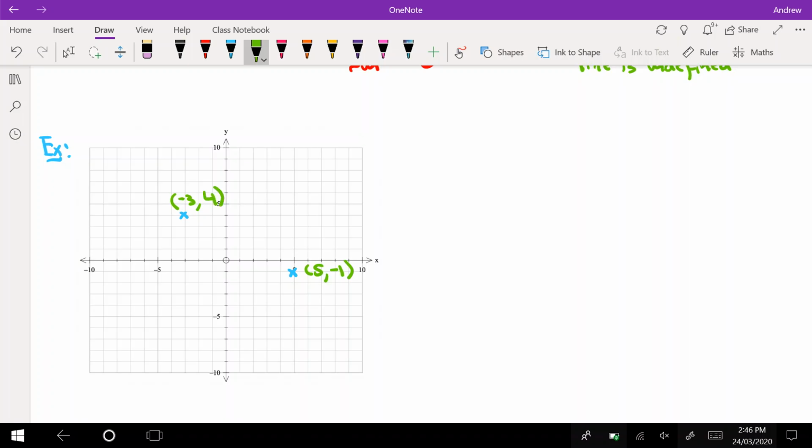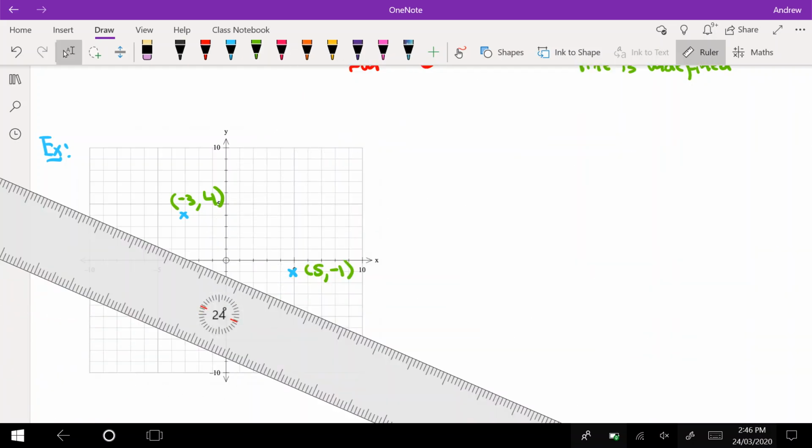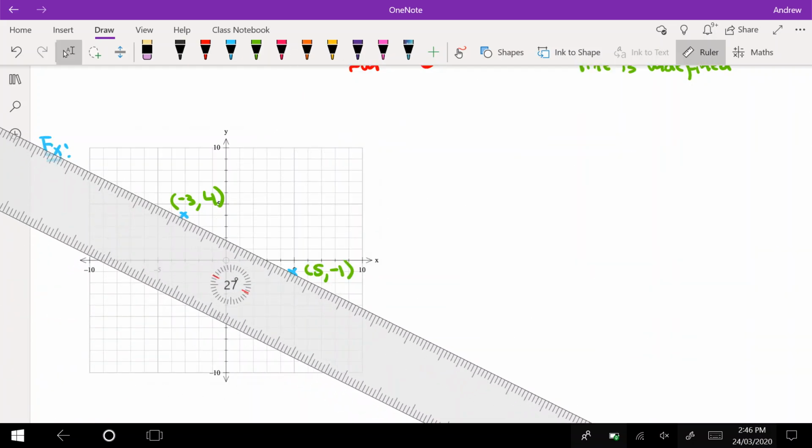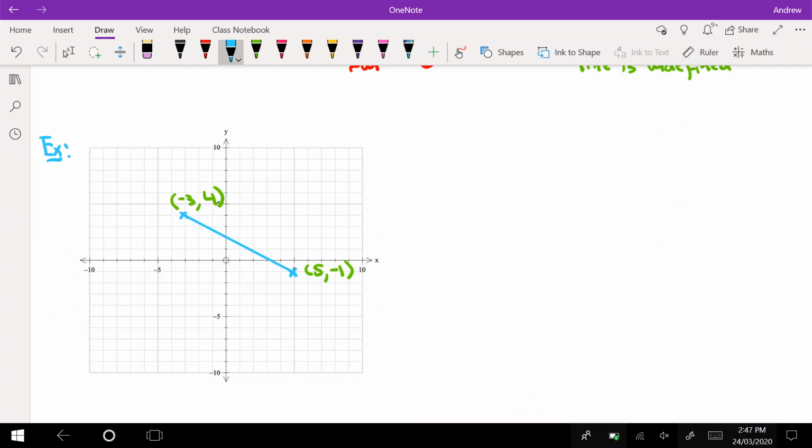So negative 3, 4. And now we can always draw a line between 2 points. So let's just draw the line in. We can now find the gradient of the line because we have the 2 points.